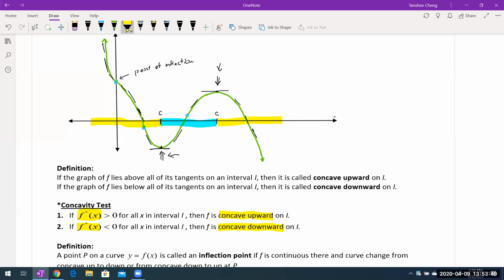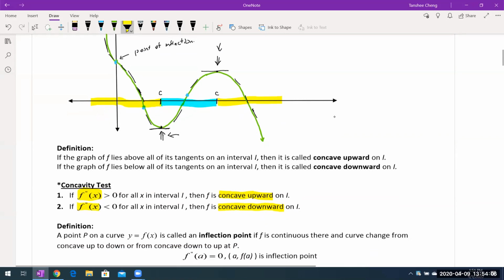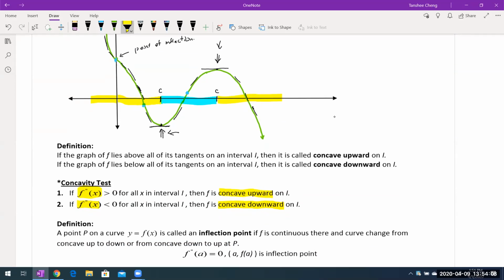Right? So now, with these definitions, I will be able to talk about how to find points of inflection. The only choice I have left is using the second derivative equal to 0. So let's go down a little bit more. You have to be careful with these definitions, because this definition can mislead you.